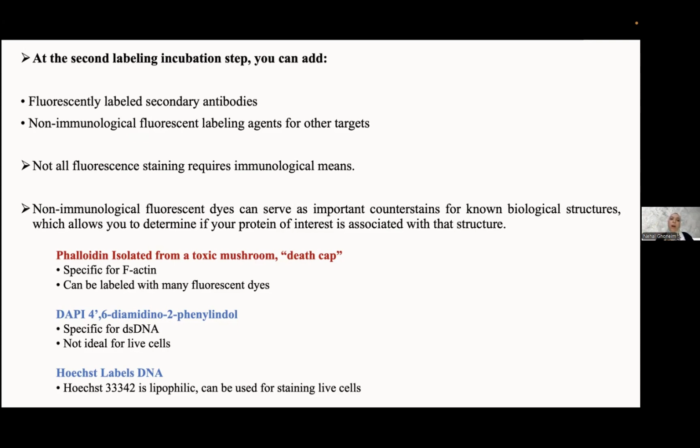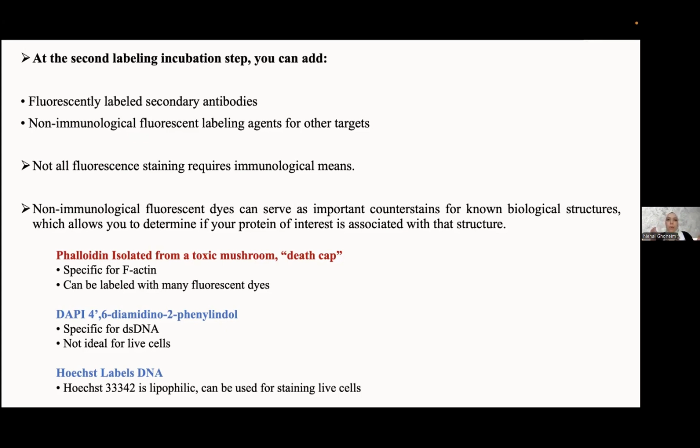In contrast, Hoechst labels the DNA, is lipophilic, and can permeabilize the cell membrane, so it can stain live cells because fixation and permeabilization steps are not needed when using Hoechst. So if you want to label the DNA while your cells are in culture and living, Hoechst is recommended.